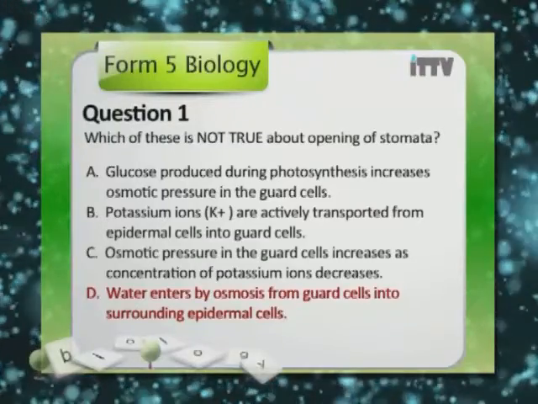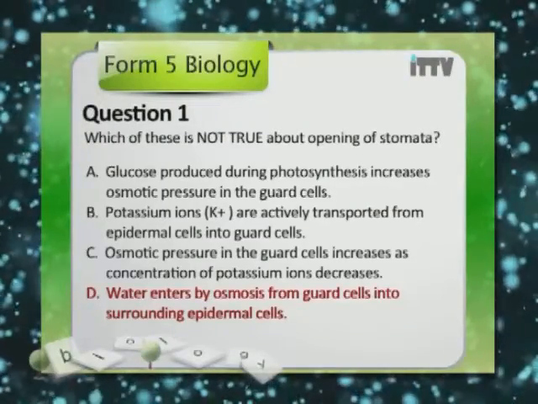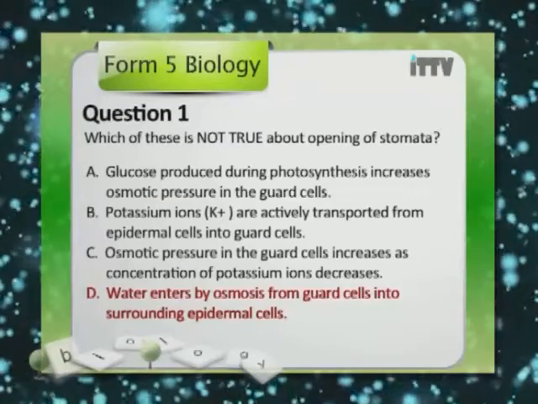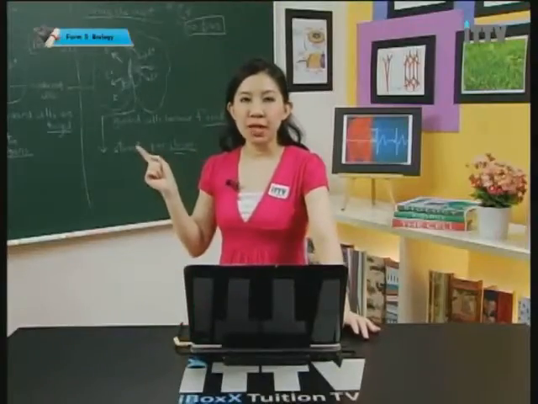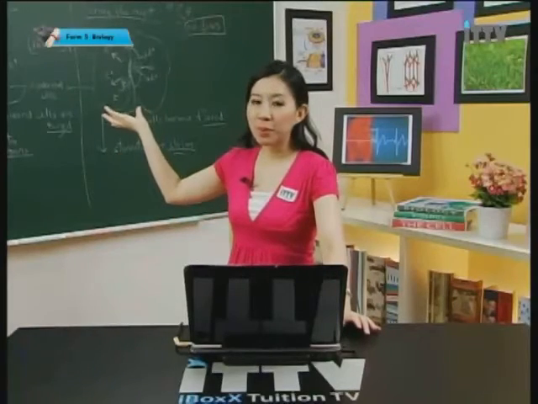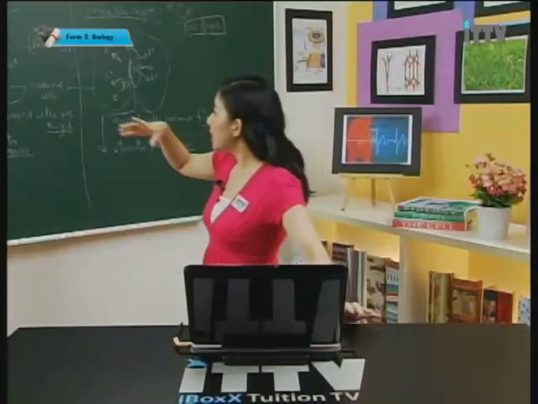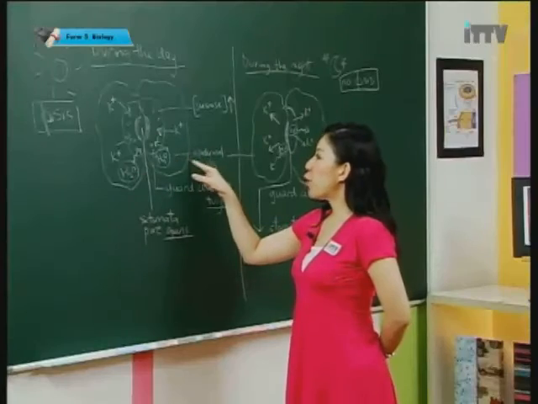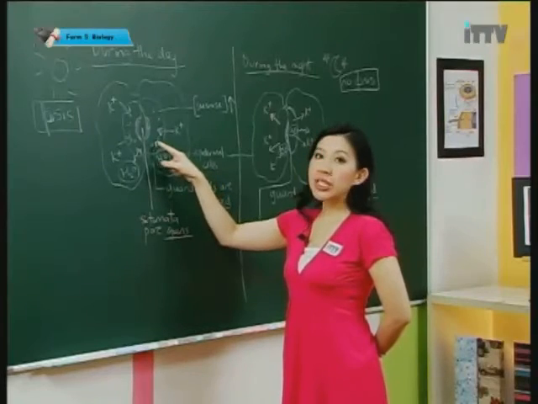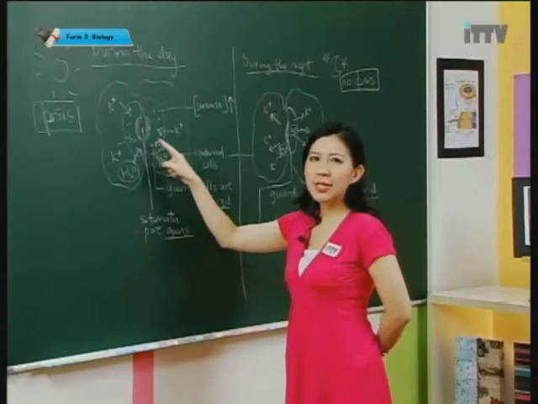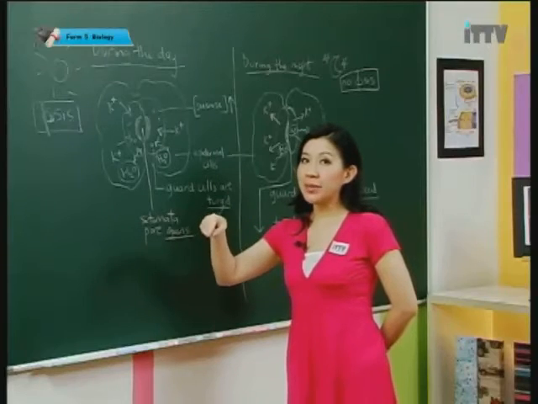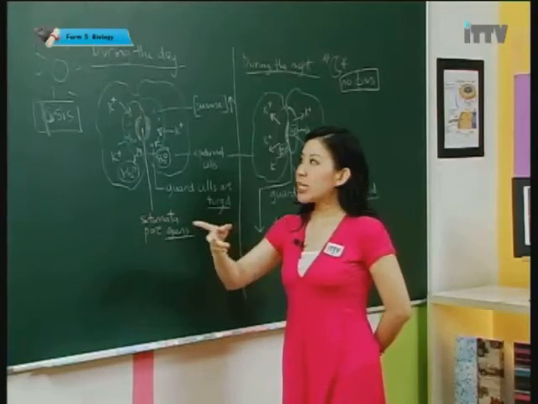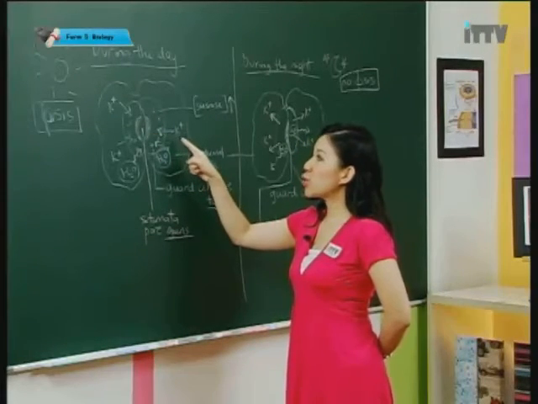Now D. So water enters by osmosis. It's actually from epidermal cells into gut cells. Because if you refer to, let me help you understand from the board, that basically water enters from epidermal cells into the gut cells and not gut cells to epidermal cells. So that's why option D is incorrect, because option D says water goes from gut cells to epidermal cells.